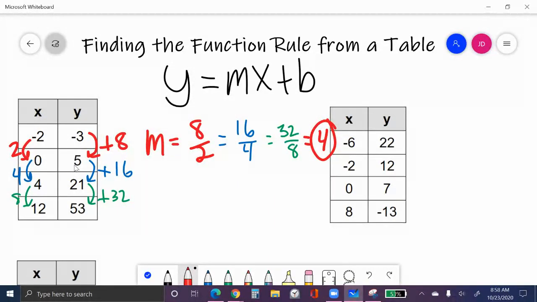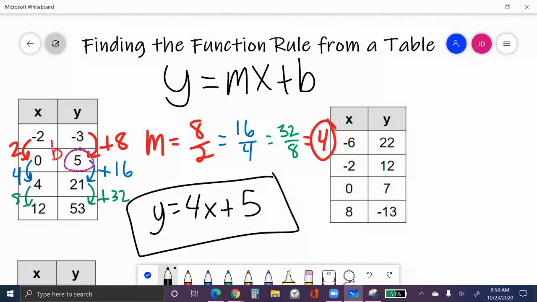So 5 is my b. Then my equation would be y equals the slope for x plus the b, which is 5. And there is my equation for this table.